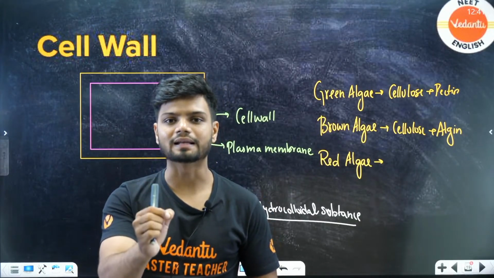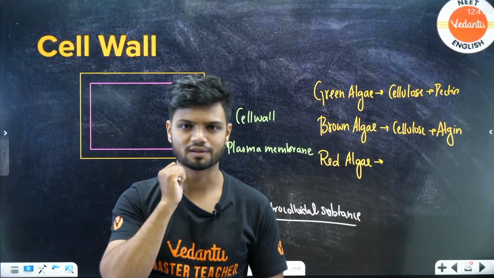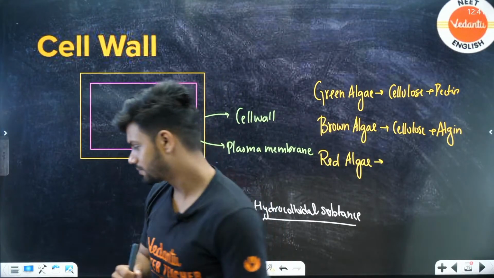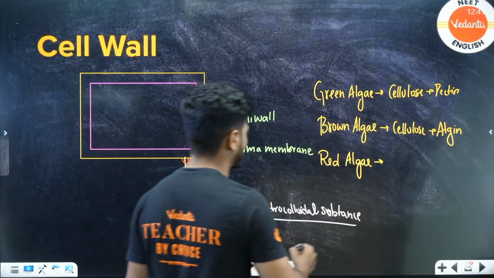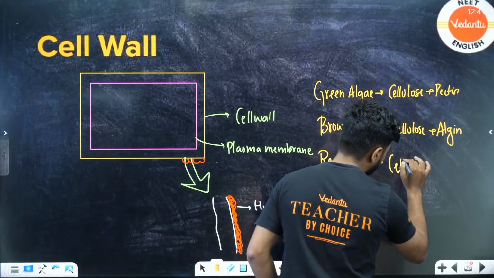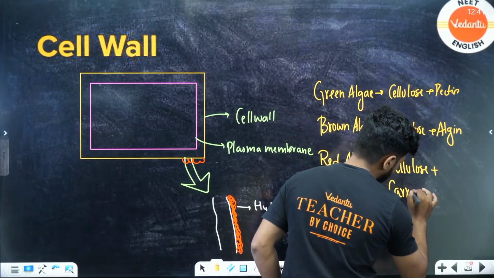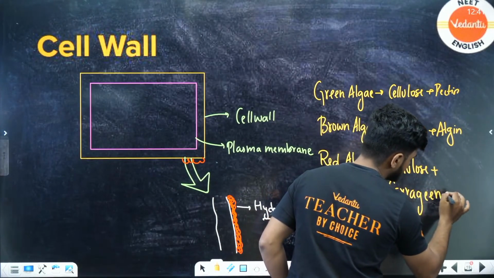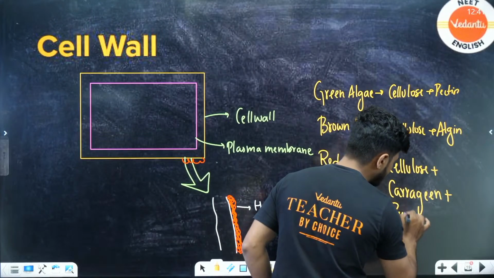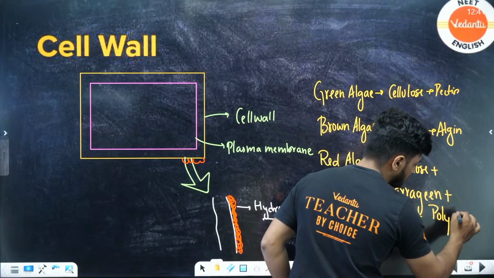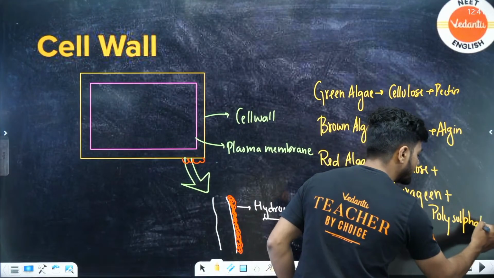In the case of your red algae, it has certain extra substance, something called as carrageen, and also polysulfated esters. So it has cellulose plus carrageen, plus pectin to some extent, plus polysulfated esters.